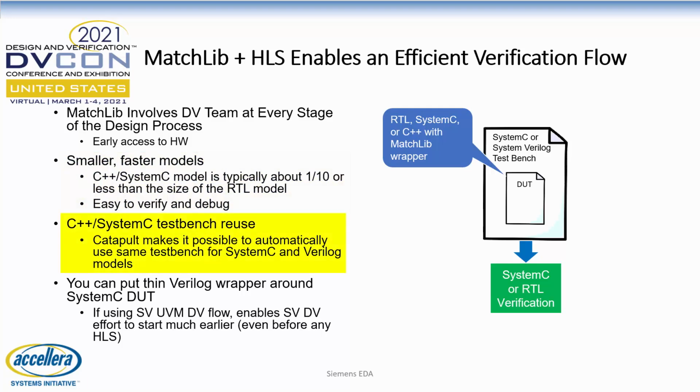MatchLib and SystemC allows designers to reuse the SystemC test bench to verify both the SystemC and the RTL. Catapult high-level synthesis makes it possible to automatically use the same test bench for SystemC and Verilog models. Placing a thin Verilog wrapper around the SystemC MatchLib design enables digital verification to start much earlier, even before any HLS has been run on the design.